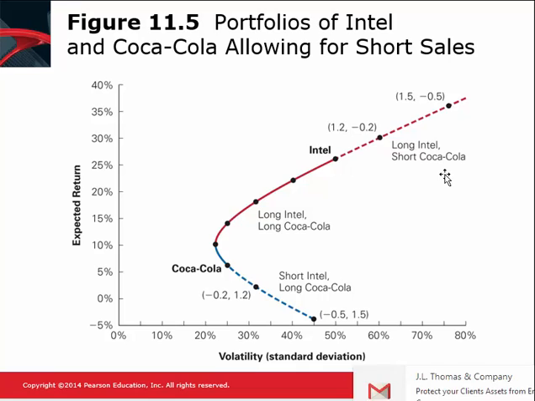So in other words, we're borrowing Coca-Cola money and purchasing Intel stock. Since we're borrowing, leverage increases risk, but we also are able to increase the rates of return that we can get on our portfolios.